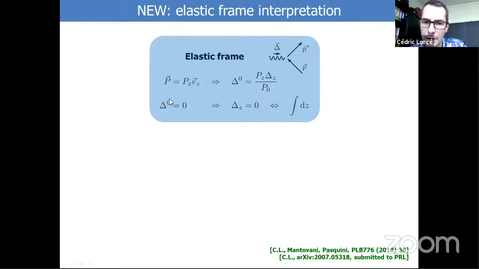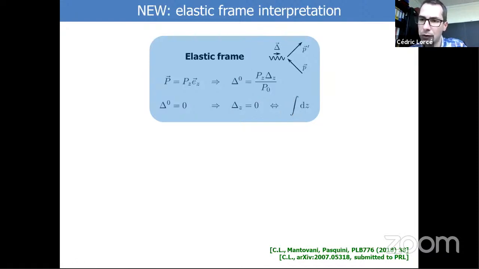Since we want an elastic scattering, we do not want any energy to be given to the system. We need the momentum transfer to the system in the z direction to be 0 from this relation. And since the momentum transfer in the longitudinal direction is Fourier conjugate to the longitudinal position, setting delta z equal to 0 means that you have to integrate over the longitudinal position.